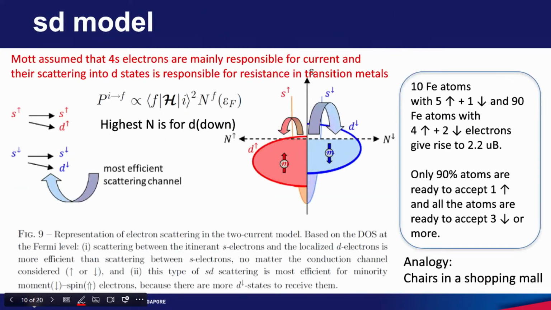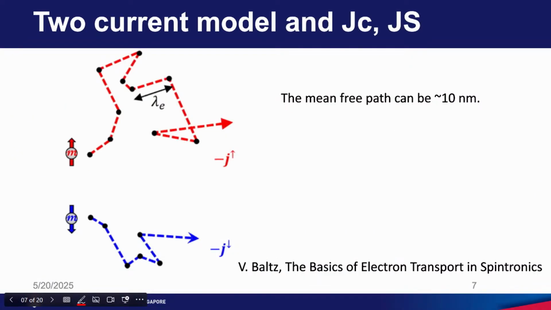Okay. So, we also learnt that the electrons do not go straight, right, they undergo scattering. Okay. So, typically they get scattered from other electrons or phonons. So, the mean free path is around 10 nanometer. So, they can travel around 10 nanometer. Okay. So, this 10 nanometer is very critical because only at this scale we will see effects like GMR. Okay.